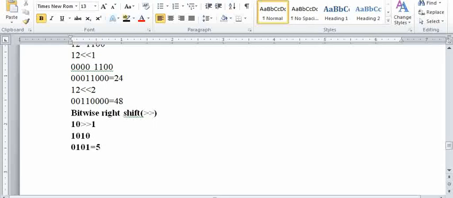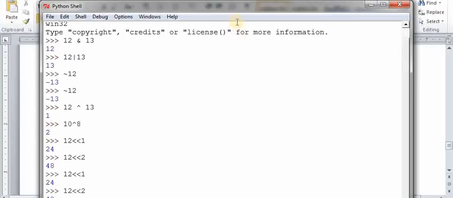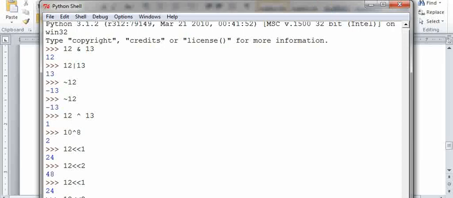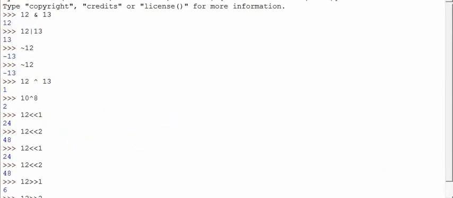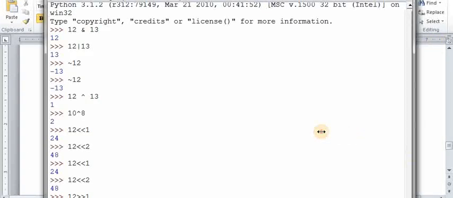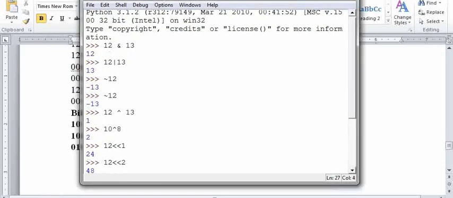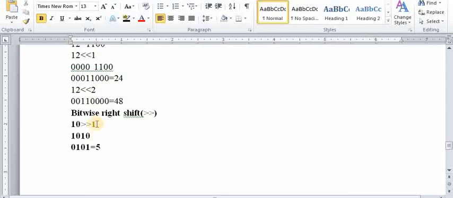Let's check it. 10 right shifted by 1, that will be 5. Now this is the single shifting.